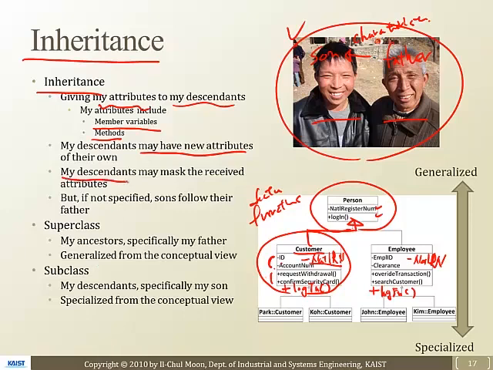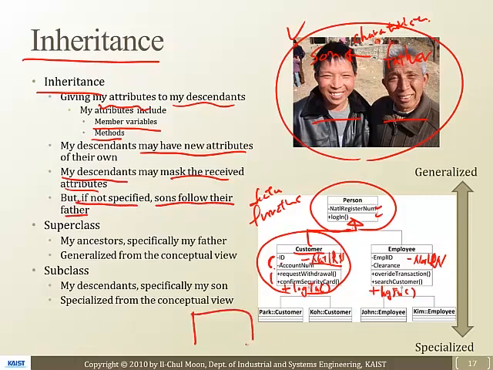And my descendants, the received attributes, they might refuse, having national registration number or login. But if not specified otherwise, sons follow their father. Okay?